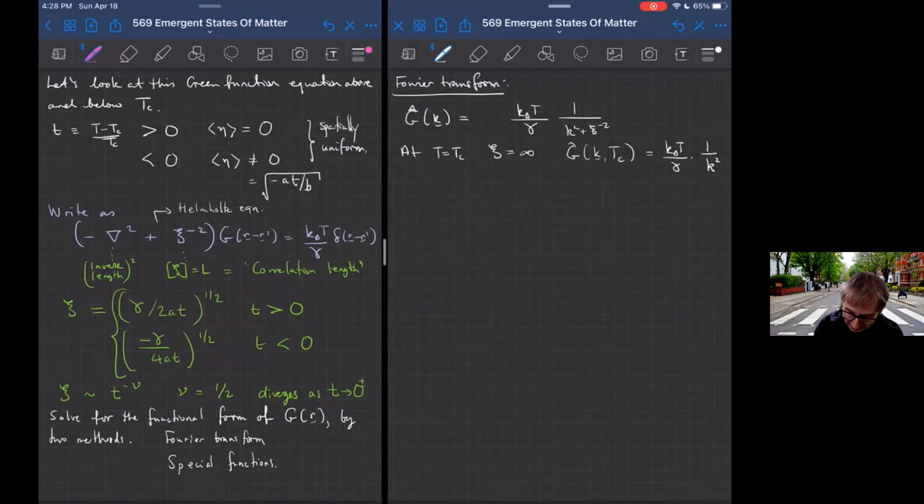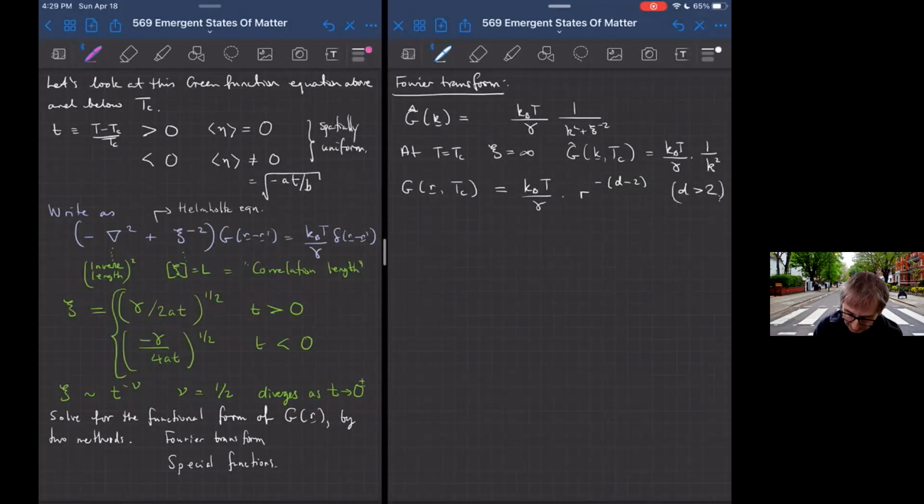And if I write this in real space, this is equal to kBT over gamma and r to the power minus (d minus 2), at least for d greater than 2.